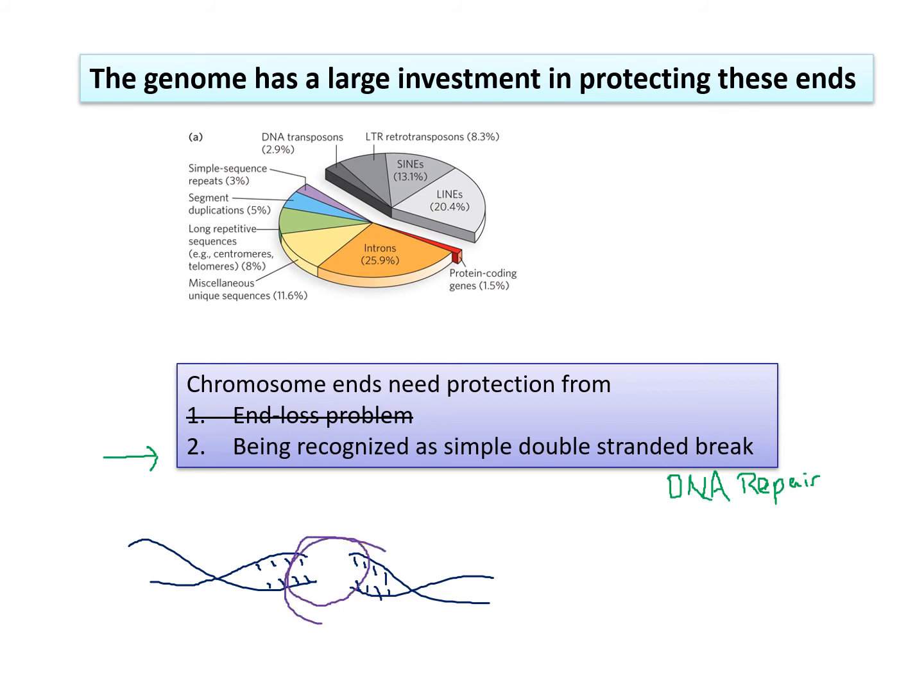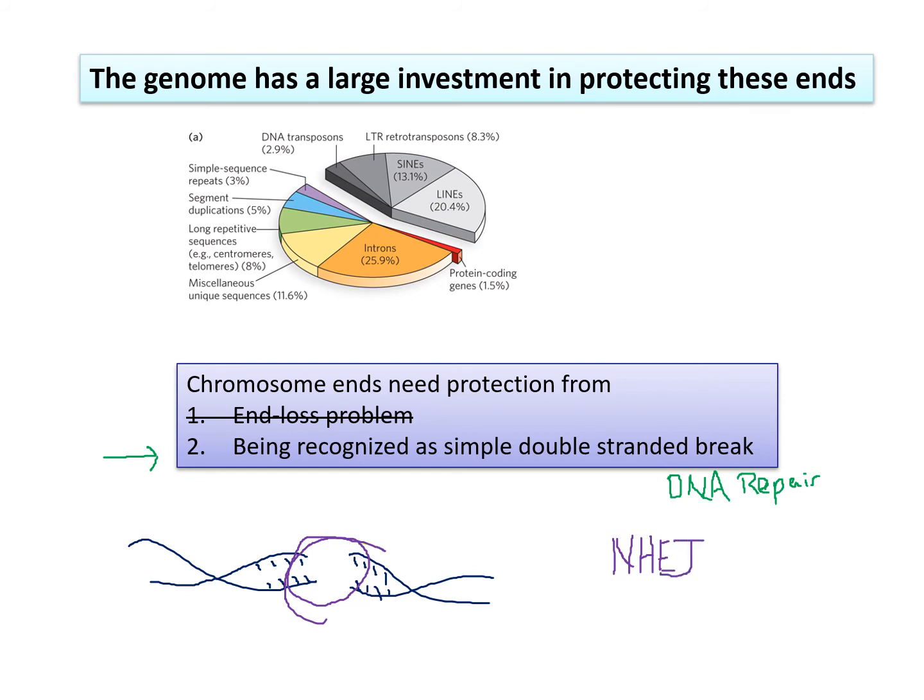And that process is called non-homologous end joining, represented by the initials NHEJ. It's obviously a ligase-mediated event.